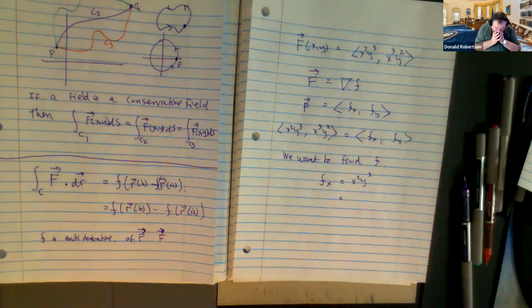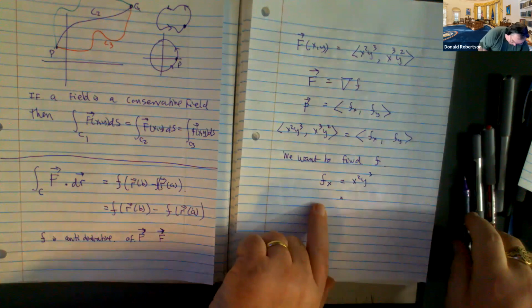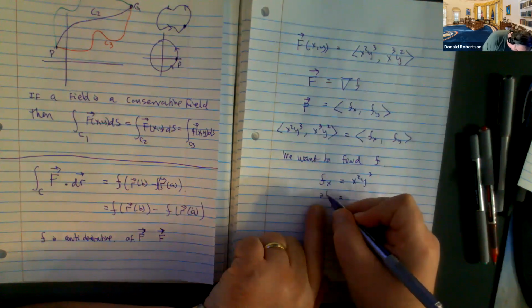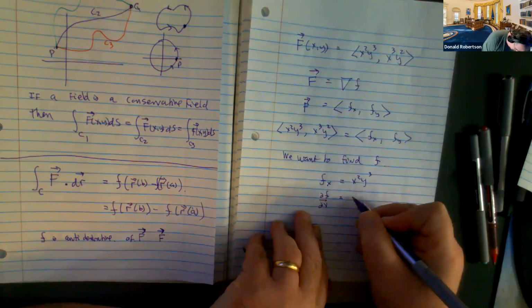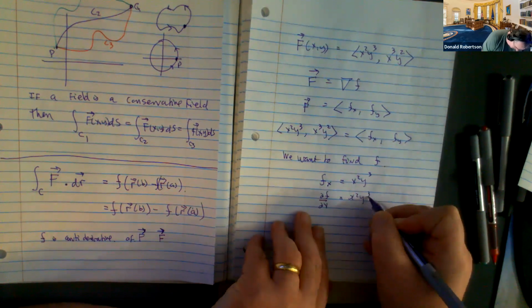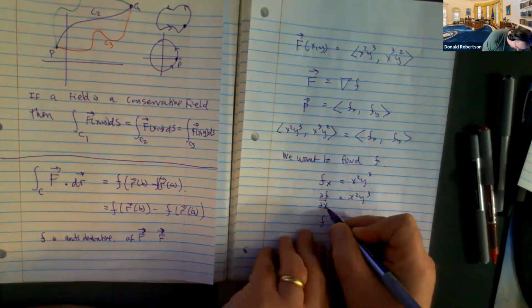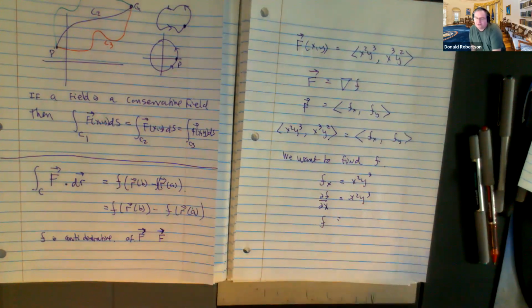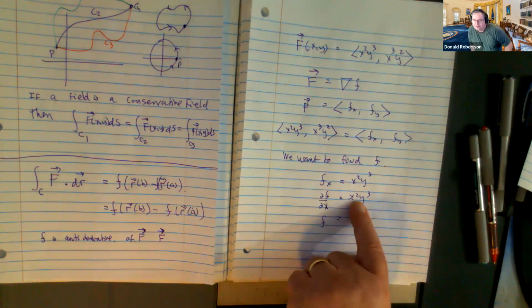Now, we're going to have to turn our heads upside down here. If you think of this as a derivative, how would you find f? What process would you use to find f if the derivative was this guy?